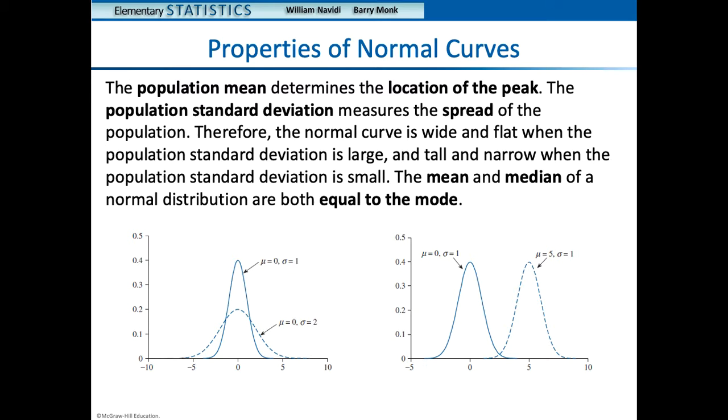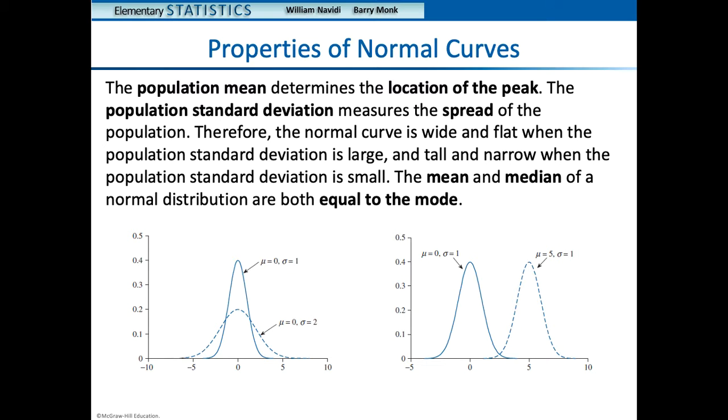Because the curve is symmetric, that means the mean is going to fall right in the middle, which happens to be right underneath the peak of the curve as well, right? And the standard deviation is a number that dictates how spread out the normal curve is, okay? So the normal curve is wide and flat when the population standard deviation is large, and it's tall and narrow when the population standard deviation is small.